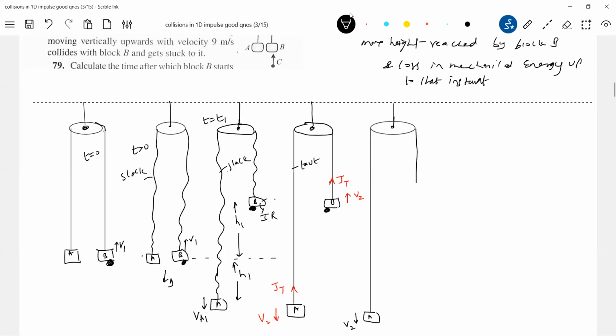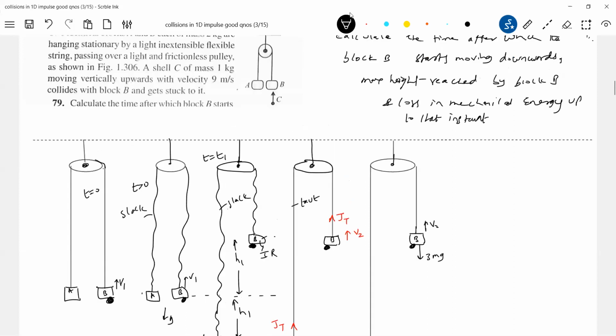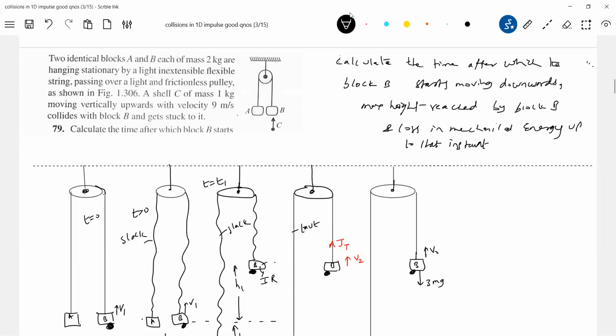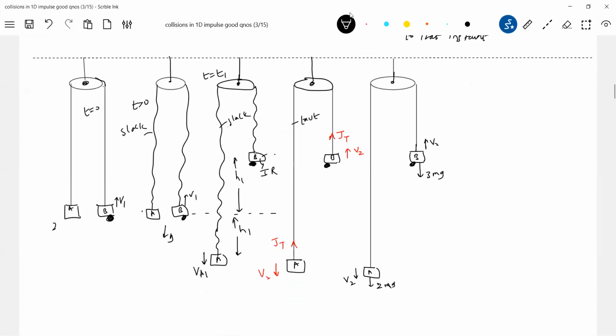Now because of these velocities, what will happen to blocks B and A? They will start ascending, and you look at that, the resultant weight here, how much will it be? 3 mg. Here, how much will it be? Only 2 mg. Look at that one. Masses of A and B are 2 kg, this is 2 kg, this is 1 kg.